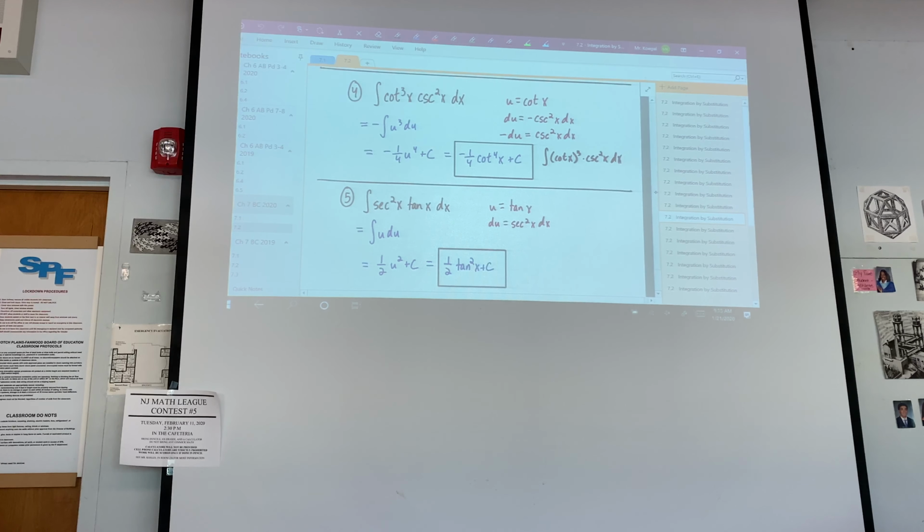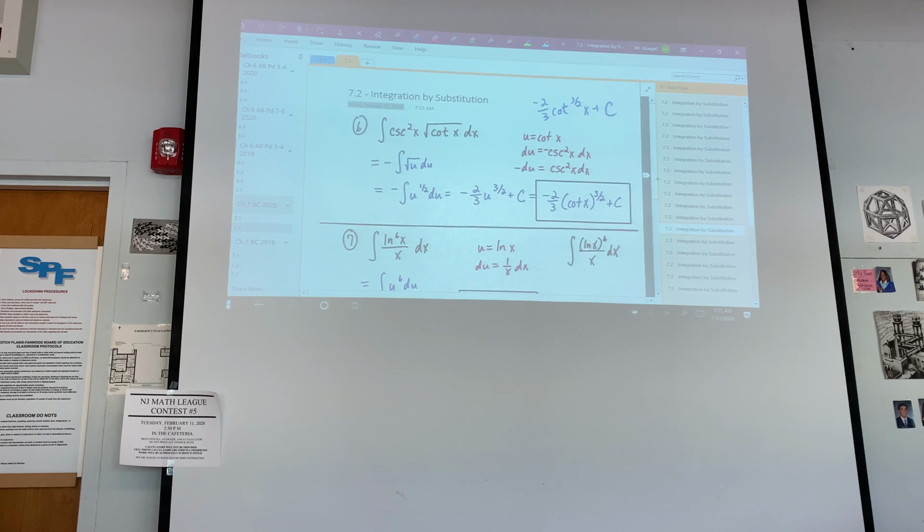You might see it as cotangent to the 3/2 of x. This would be a matter of making your answer like this. It's the same thing. It would just be a matter of matching multiple choice answers. This wouldn't be a free response question.